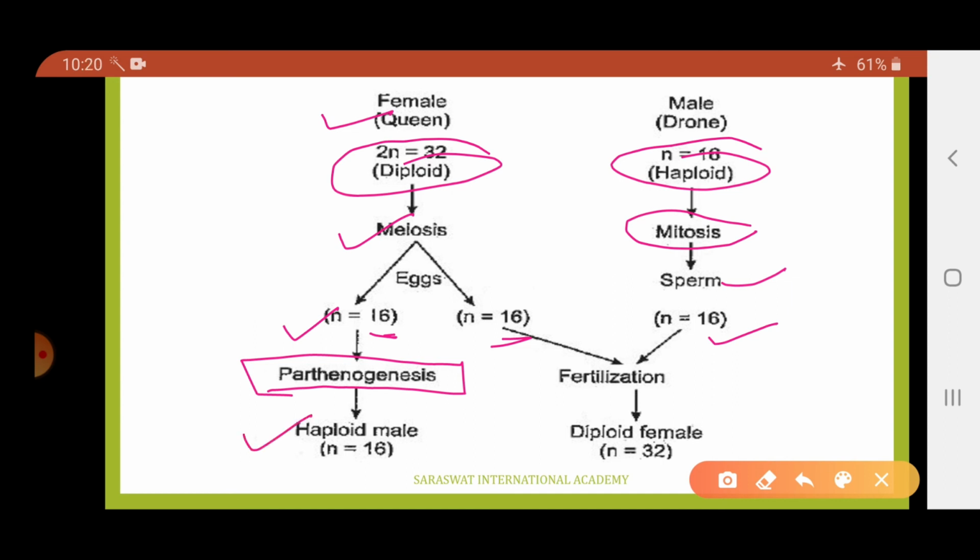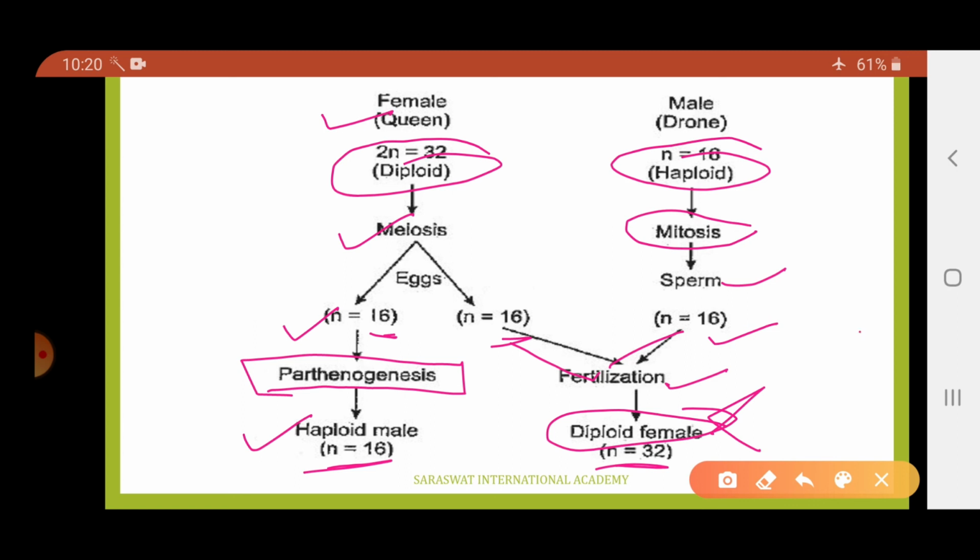Then it will develop into a haploid male. But if the fusion occurs between the egg and the sperm, that is, fertilization occurs, then it will be a female with diploid chromosomes. Now this female either may be a queen or it may also be a worker. So that is the process of sex determination in the honeybee.